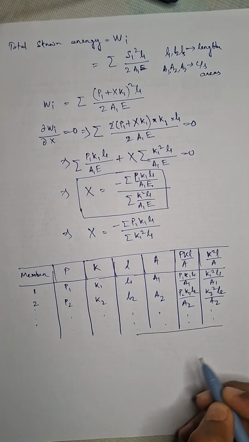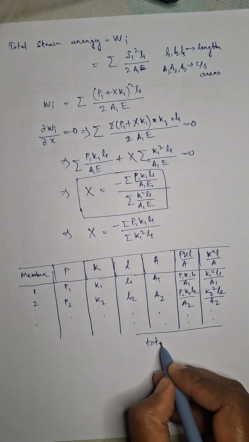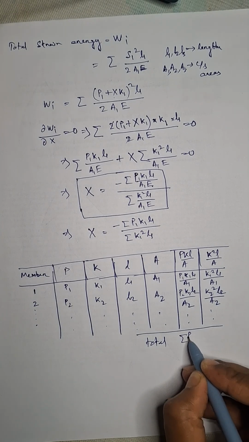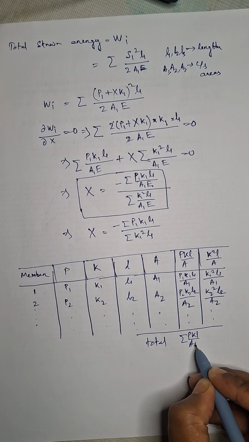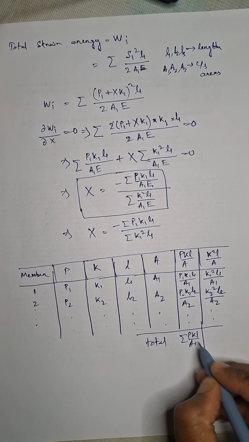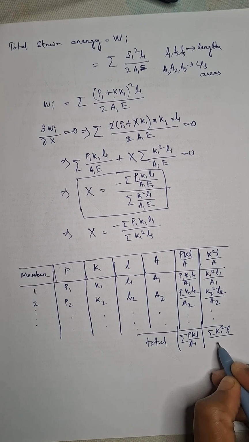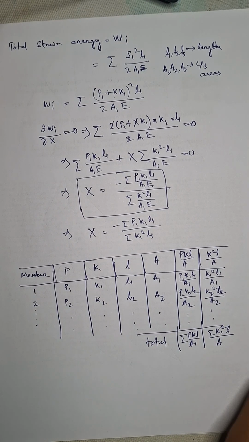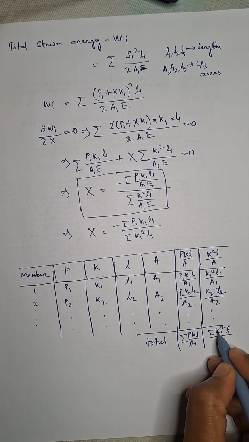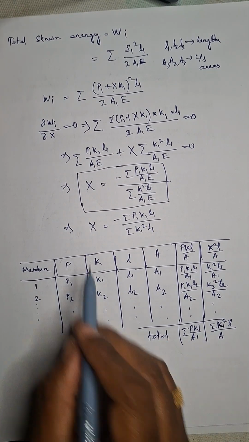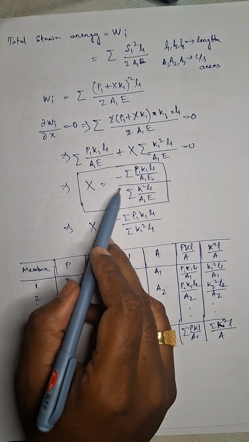After that, we have to find out the total. So this will be summation of PKL by A, and this will be summation of K square L by A. After finding out this, we have to find out the value of X by putting it in this formula.